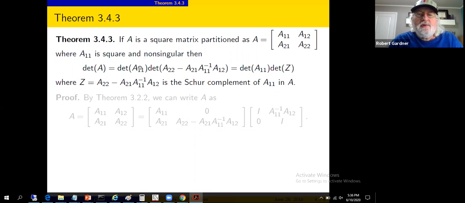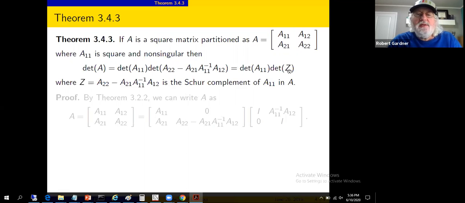And we're going to take a square matrix, we're going to take a determinant of it. Determinants of square matrices makes sense. And the claim is a determinant of A can be written as the determinant of A11, this part, times the determinant of this thing. Well, that thing there is actually the Schur complement.